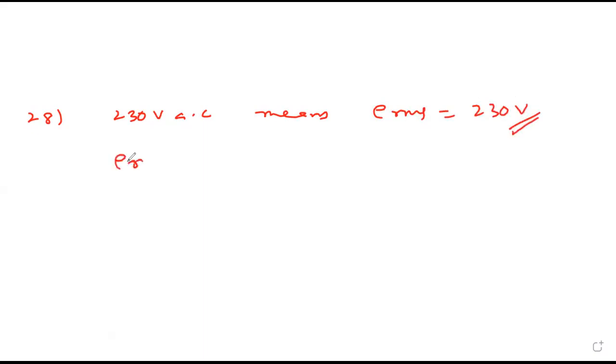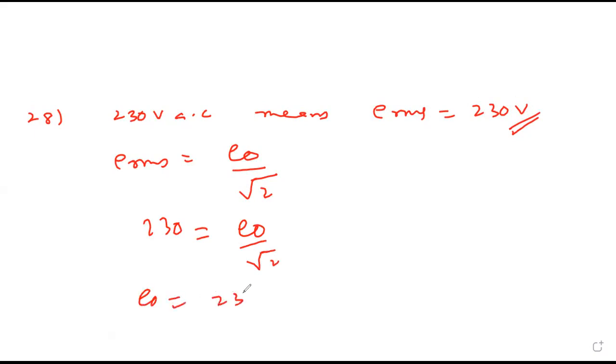A 230 volt AC is more dangerous than 230 volt DC. 230 volt AC means E_rms is 230 volt, the RMS value. E_rms is E naught upon root 2, so 230 equals E naught upon root 2.